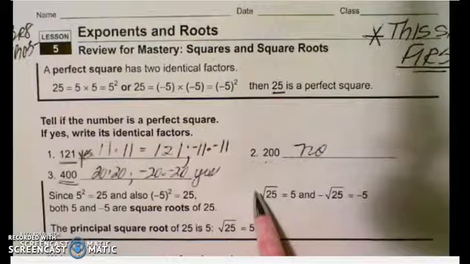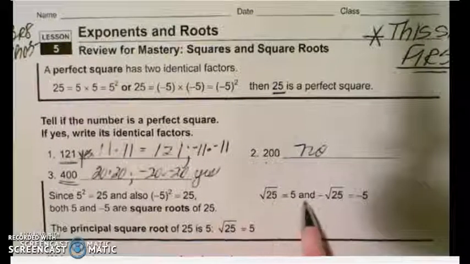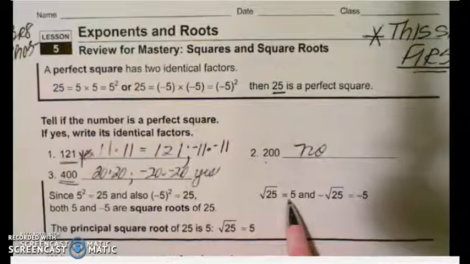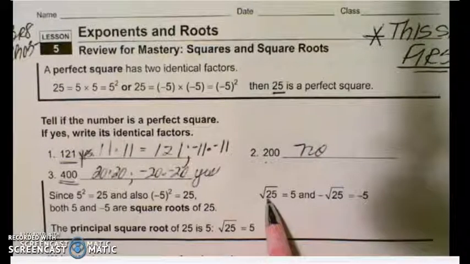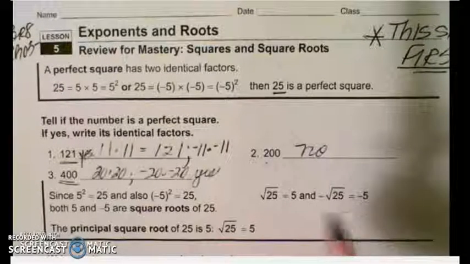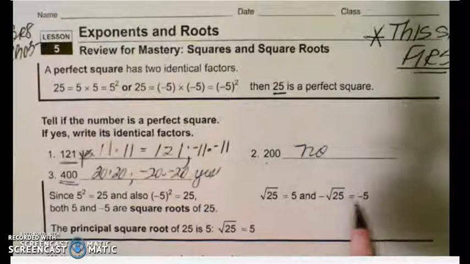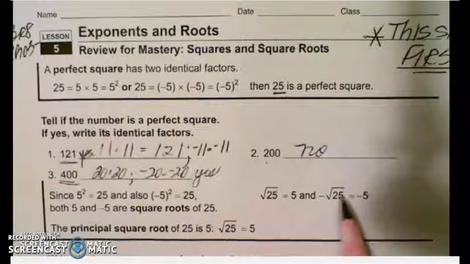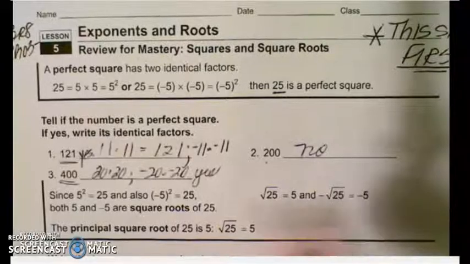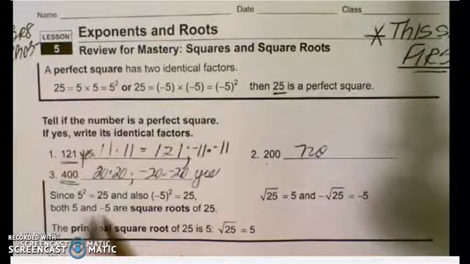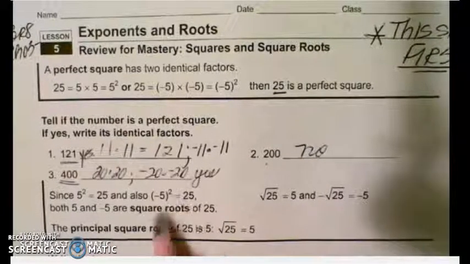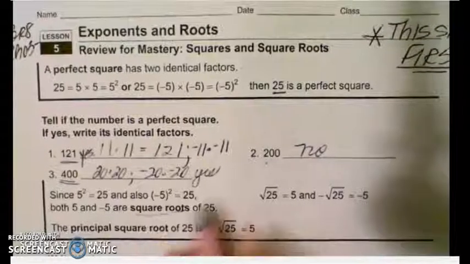So the square root of 25 is 5, because 5 times 5 will give you the perfect square. However, negative 5 times negative 5 is also going to give us 25. So therefore, both 5 and negative 5 are the square roots of 25.